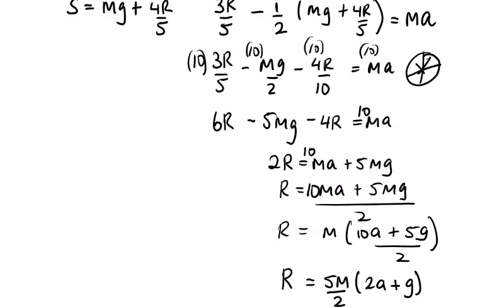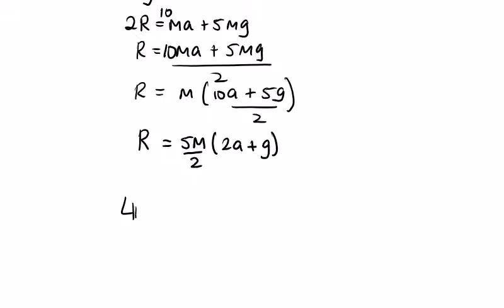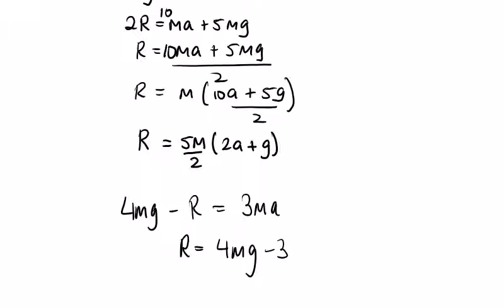4mg minus r is equal to 3ma. So we can say that r is equal to 4mg minus 3ma.